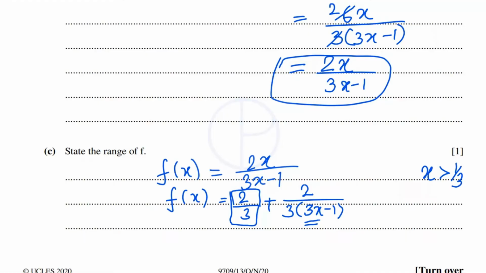So 2 divided by some positive number is going to give some positive value. So already we have 2 divided by 3 plus some positive value. So f of x will be always greater than 2 divided by 3. Okay, that is the range. So f of x is greater than 2 over 3.